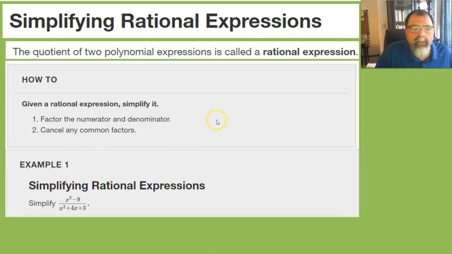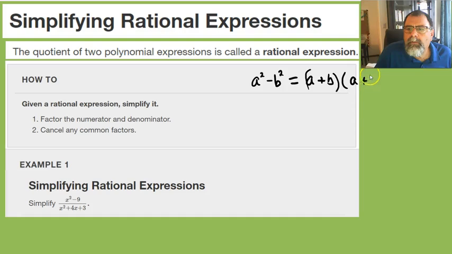All right, so looking at example 1, we're going to factor the top. Hopefully you can recognize, oh, that's that difference of squares formula that we should really get to know like the back of our hand. So if you have a difference of squares, you're going to square root each of the squares.